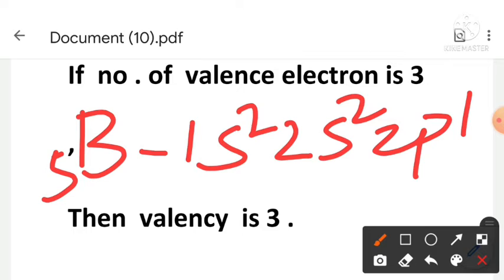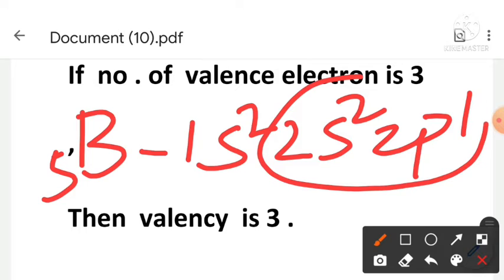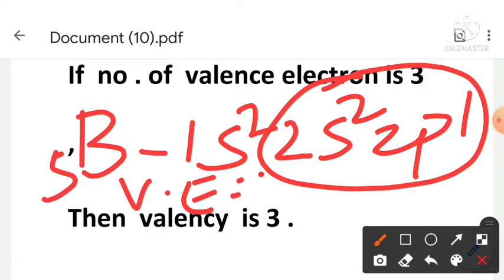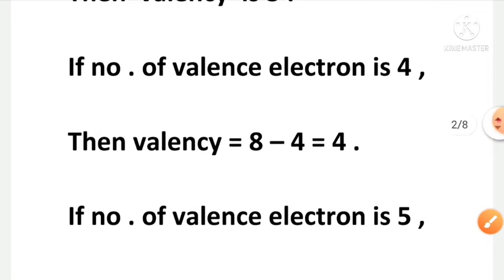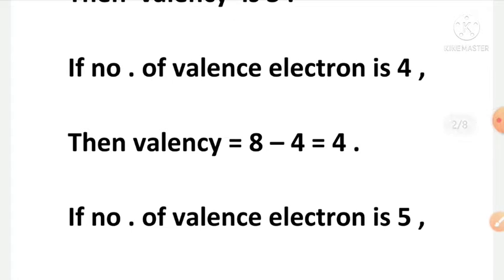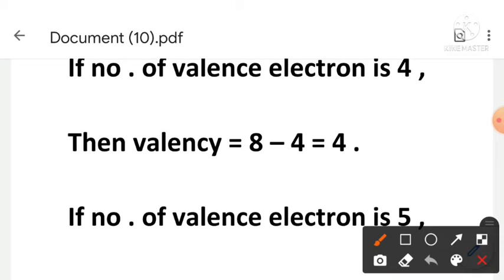Now we first have to sort out the outermost shell of the boron element and the number of valence electrons, 2 and 1, that means 3. So valence electron is 3 and valency is also 3. In this way we derive the valency of any element.